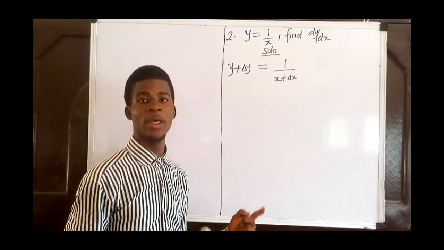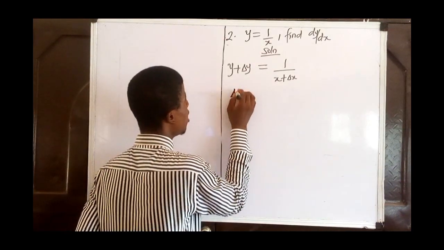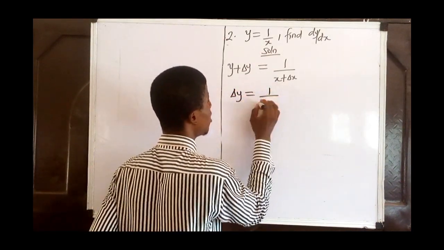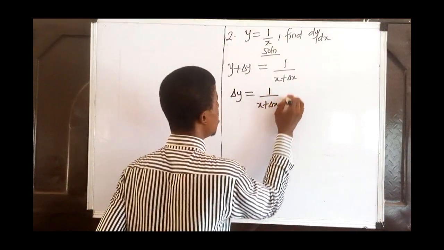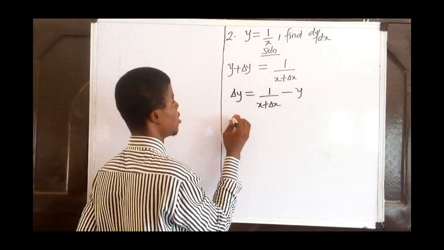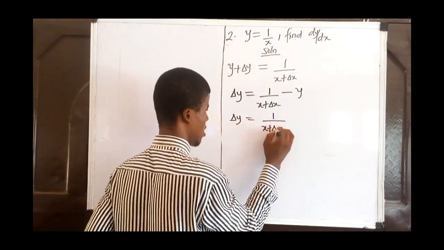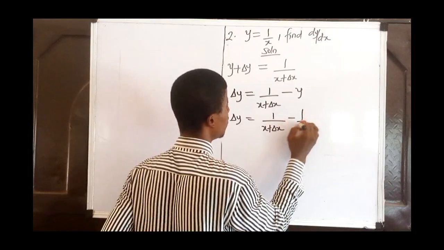And so now we make delta y the subject of the formula. We have delta y is equal to 1 over x plus delta x minus y, and y is 1 over x. So delta y is equal to 1 over x plus delta x minus 1 over x.